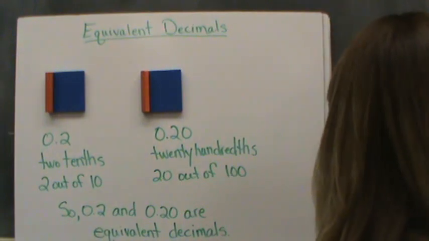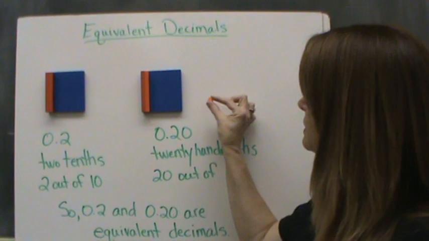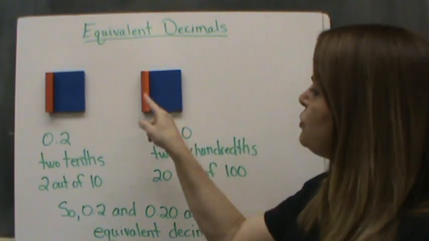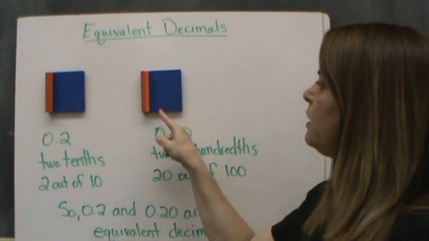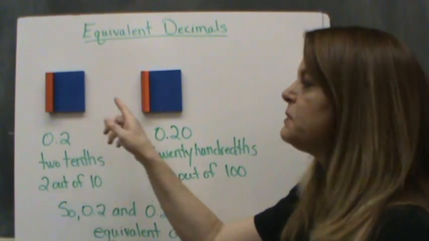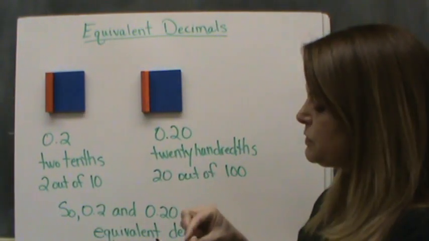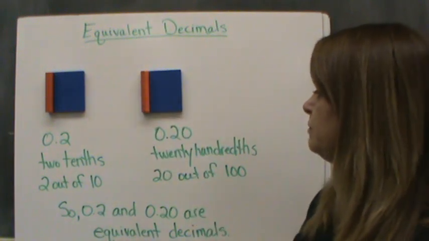Over here in this example, I have 20 of these little ones. So I have 20 out of 100 because I have 100 squares. Over here I was looking at the columns. Over here I'm looking at the individual squares, and I have 20 of them.